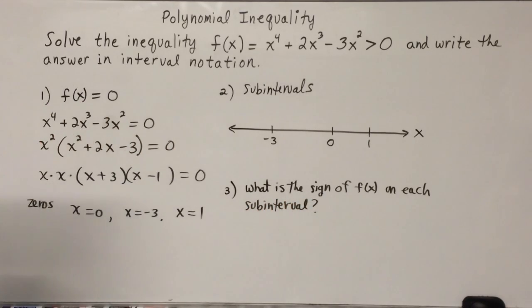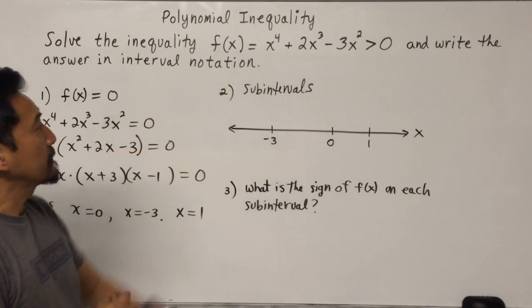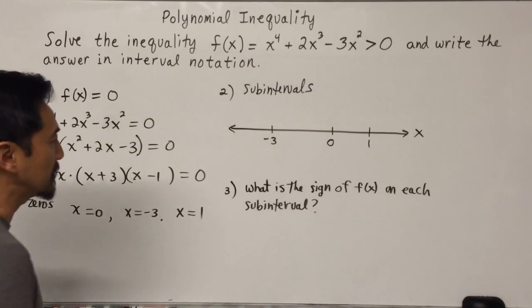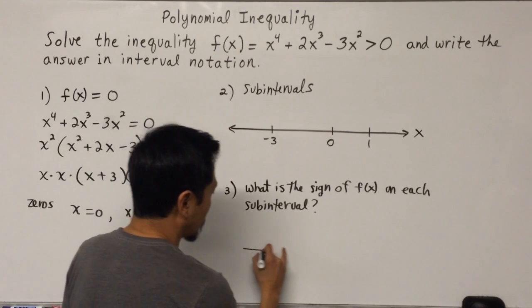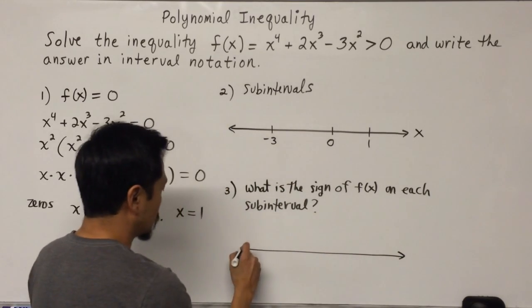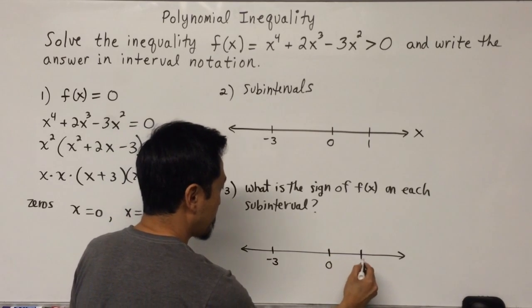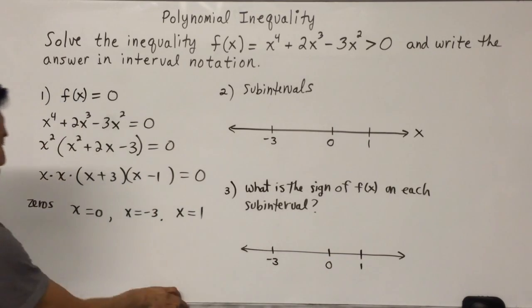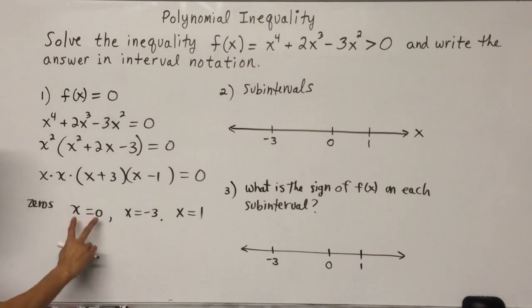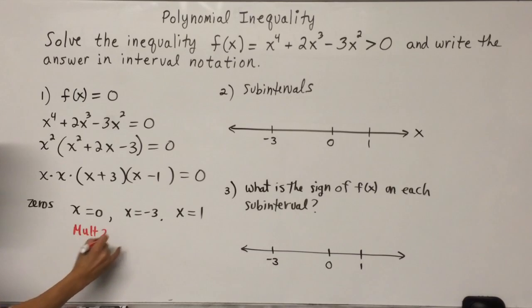Now remember that we said that we could do this with test values, or we could make a super fast sketch of our graph. Because this is a polynomial, we know that we could make a sketch very quickly. Now we know that x equals 0 is a zero of multiplicity 2, right?